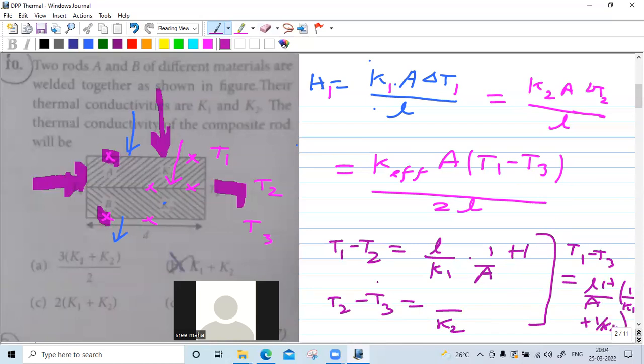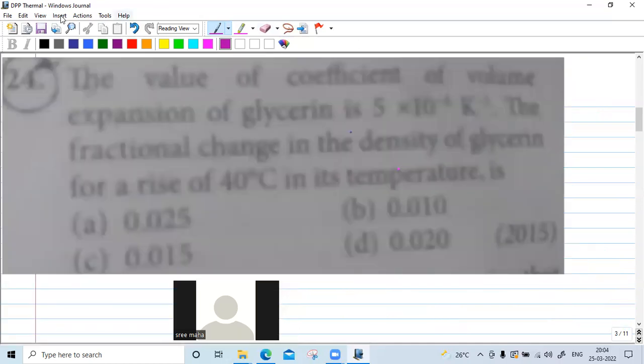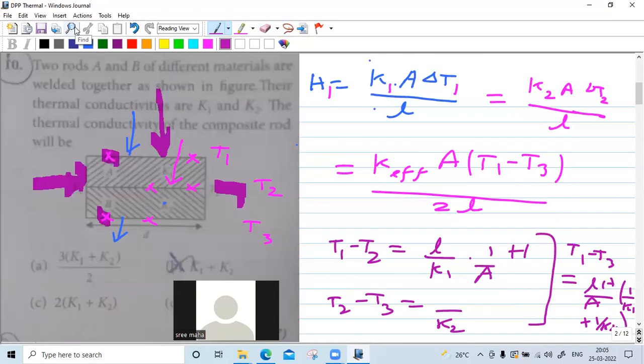So from this you'll get 2 by K effective is 1 by K1 plus 1 by K2. Then you get the answer as 1 by K1 plus 1 by K2, but they have given us K1 plus K2 by 2 as the answer.